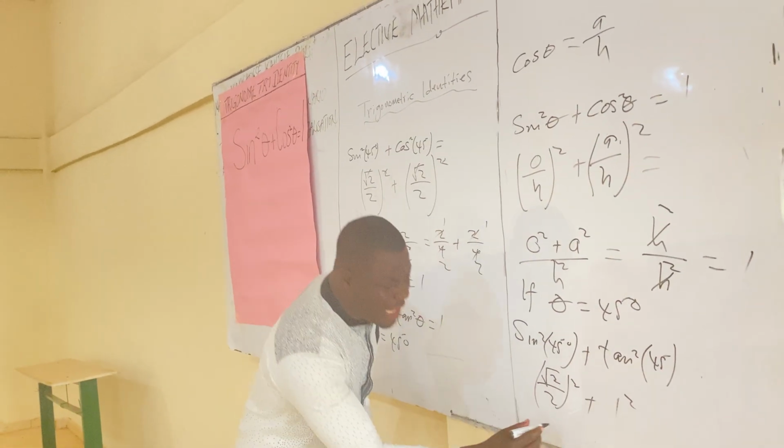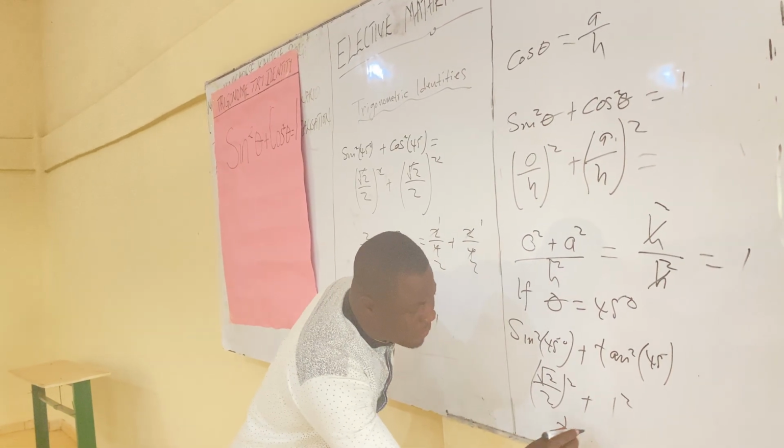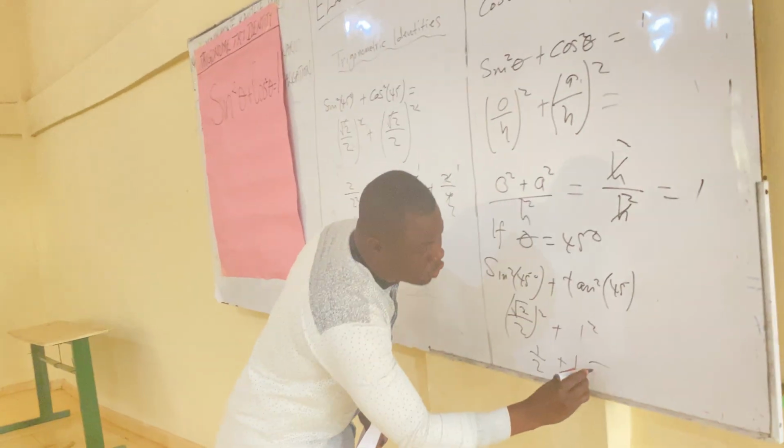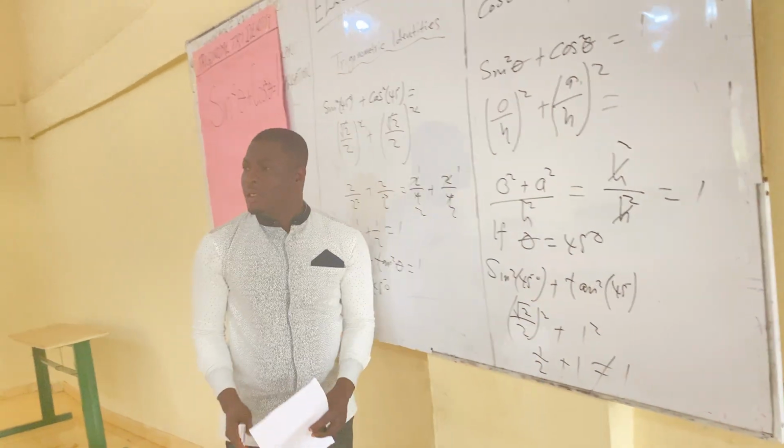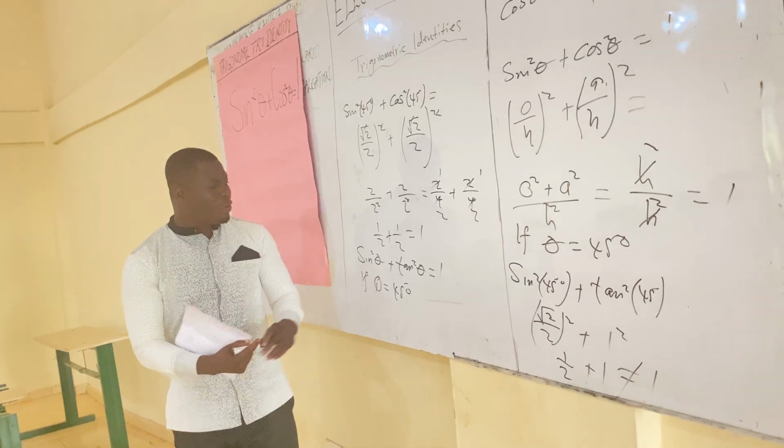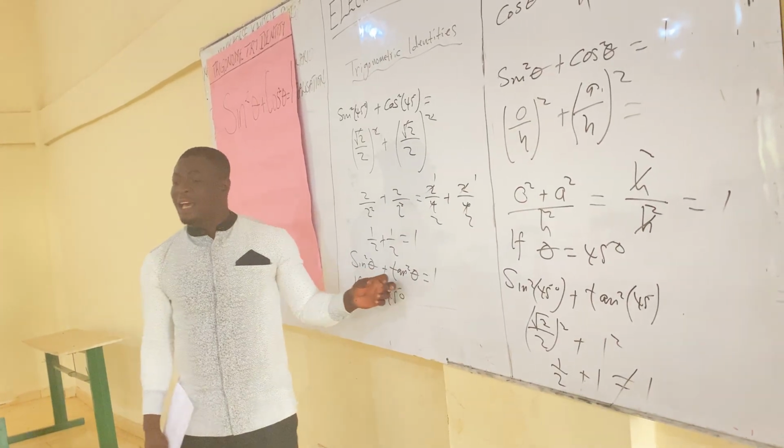So you realize that here you are going to get half plus 1, which will not be equal to 1. So it shows that this particular identity does not hold.